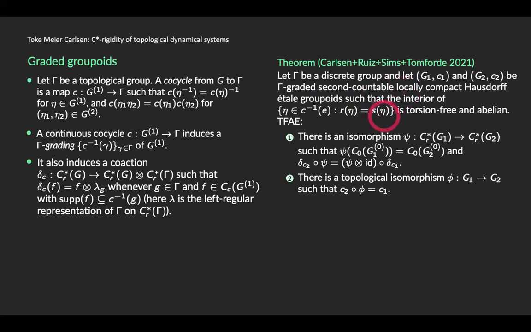But in this theorem, we just ask that the interior is torsion-free and abelian. What do I mean by torsion-free abelian? It turns out that this set is a subgroupoid, and it's actually a bundle of groups. Being torsion-free and abelian just means that each fiber in this bundle is torsion-free and abelian. And if the groupoid is topologically principal, then all the fibers of the bundle are the trivial group, and so it satisfies this condition.